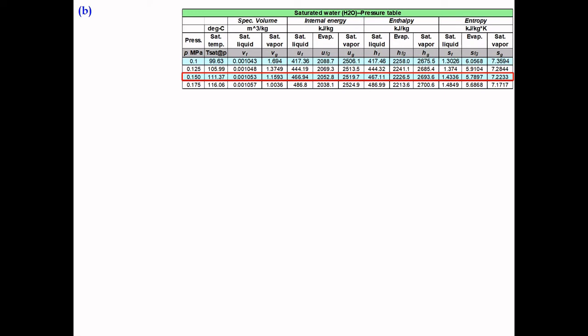Question B. We need to determine the flow work and also the total energy involved in this problem. For the flow energy of steam, we can refer to the formula of enthalpy, where H equals PV plus U. The term PV actually refers to the flow work or flow energy.